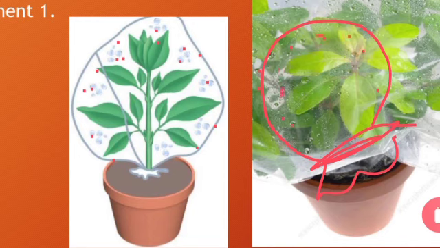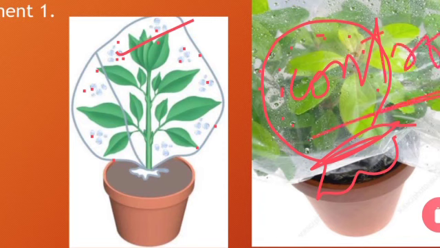This shows that in the first setup, the droplets of water seen on the inner surface of the polythene bag were due to the vapor given out by the plant by the process of transpiration. But this next setup was kept as a control, which means it was kept for comparison. So this shows that transpiration takes place from the plant, which releases water vapor in this process.